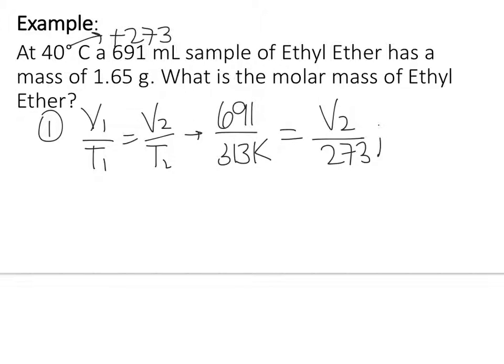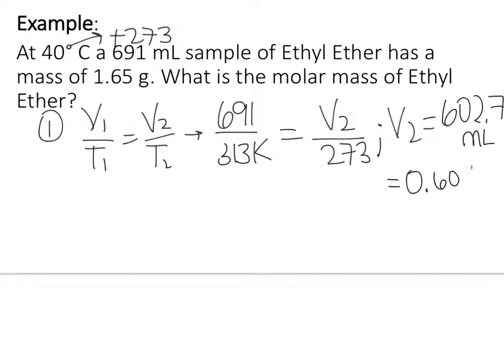That will get you V2 equals 602.7 milliliters. Okay, and hopefully you remember that that will equal 0.60 liters. Just kind of move the decimal 3 spaces. All right, step 2. We know that 1 mole is equal to 22.4 liters.